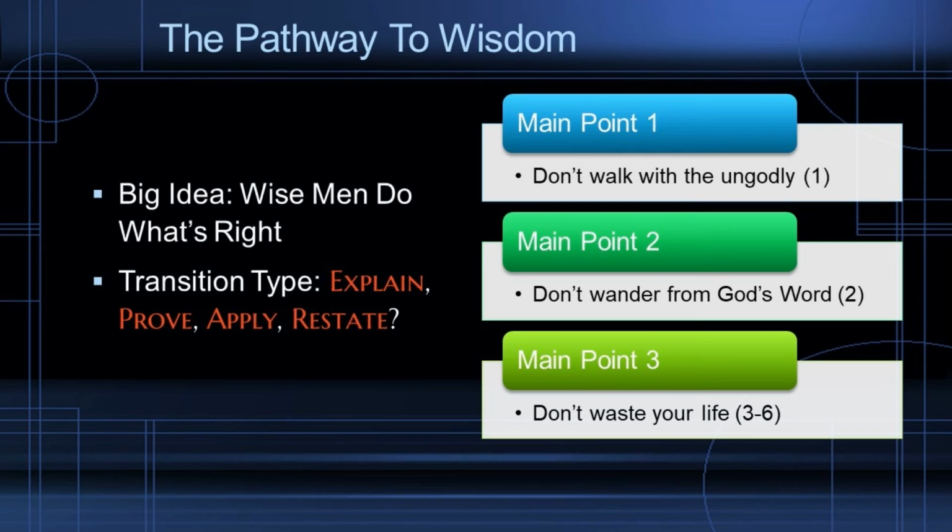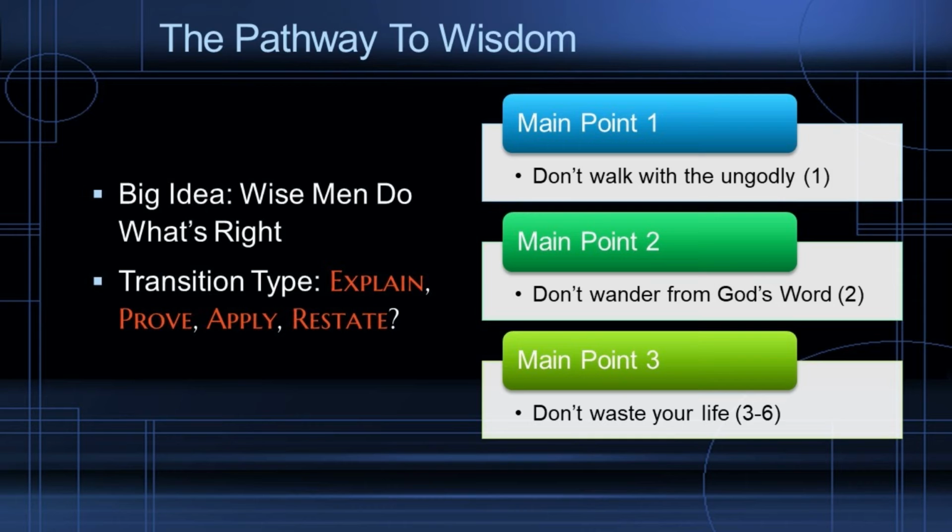So the question is, how do the main points relate to the big idea? What we're talking about here is transition type. Now, there are four things that the main points can do in relation to the big idea. They can explain the big idea, prove the big idea, apply the big idea, or restate it.